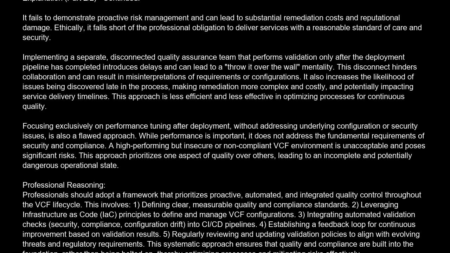Establishing a feedback loop for continuous improvement based on validation results. 5. Regularly reviewing and updating validation policies to align with evolving threats and regulatory requirements. This systematic approach ensures that quality and compliance are built into the foundation, rather than being bolted on, thereby optimizing processes and mitigating risks effectively.